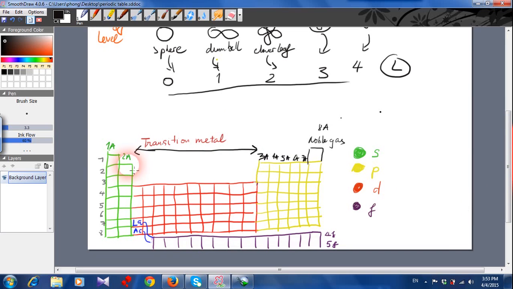So for elements in group 1A, 2A, or 3A, 4A, N is the period number.